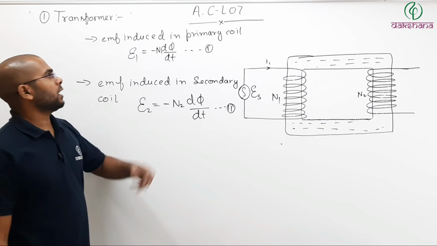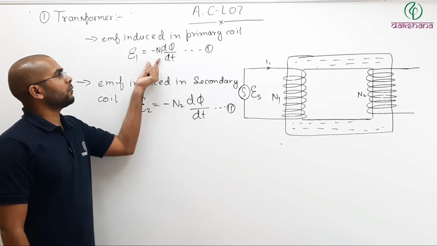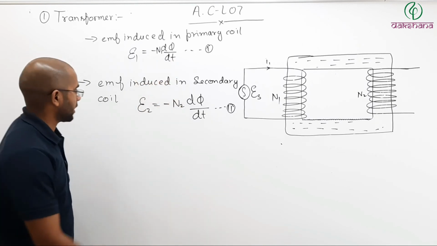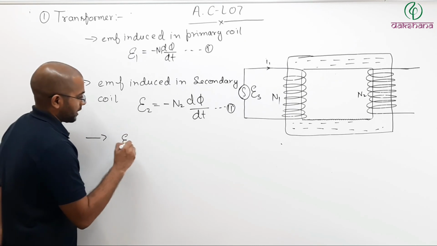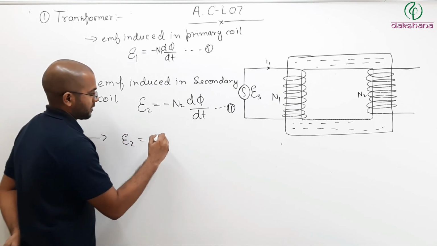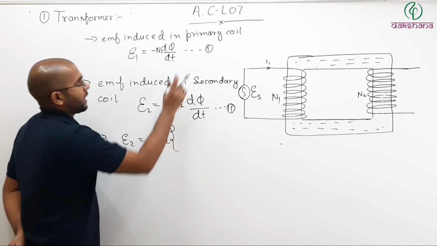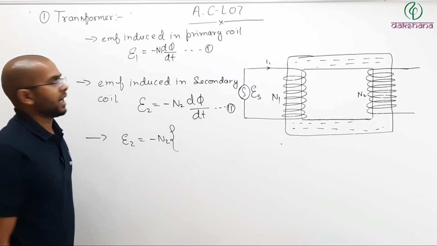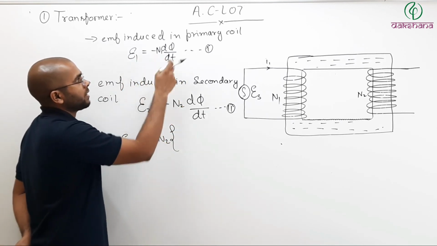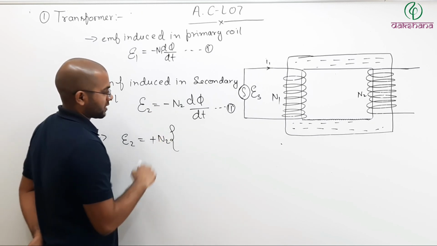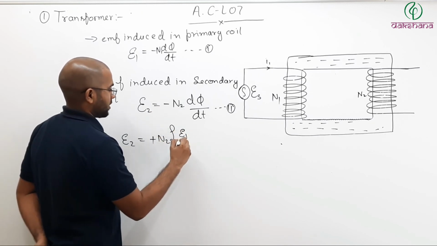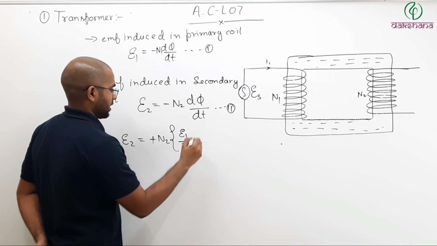Now if I put the value of d phi by dt from the first equation into the second equation, I can write E2 equals minus N2, and in place of d phi by dt I can write E1 divided by minus N1. So minus minus is plus, E1 divided by N1.